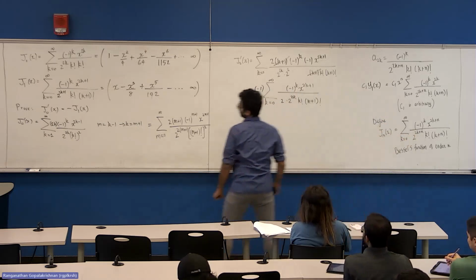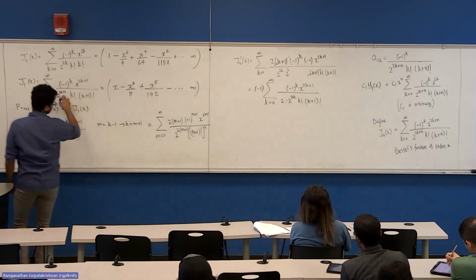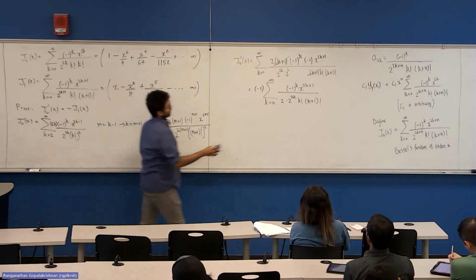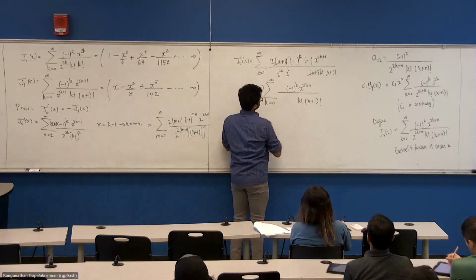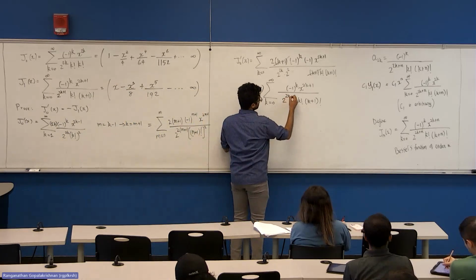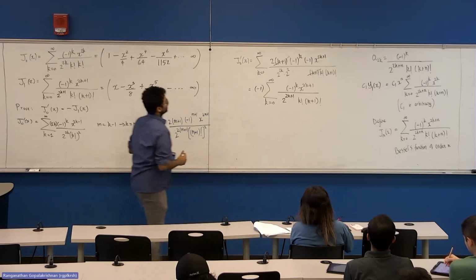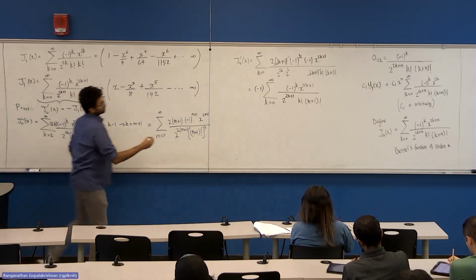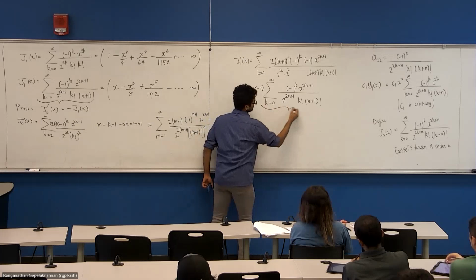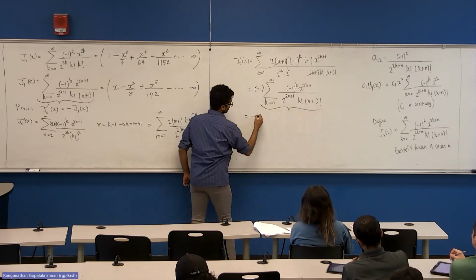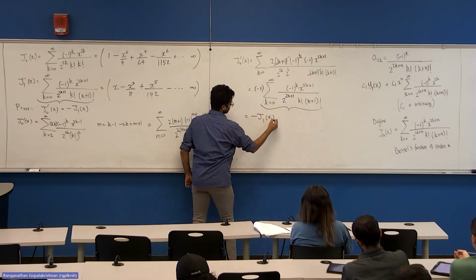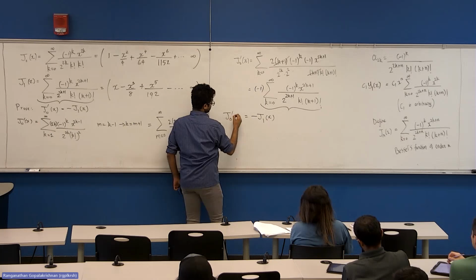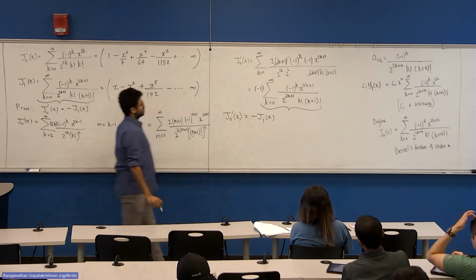So n equals 1, we'll make it 2 power 2k plus 1, which exactly compares with J1 of x. So this is equal to minus J1 of x, which proves J0 prime equals minus J1.